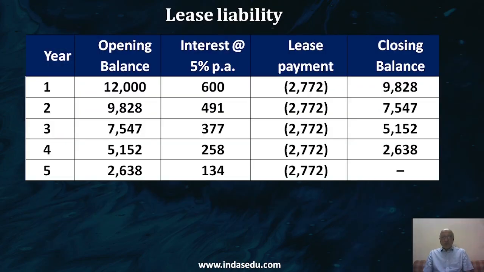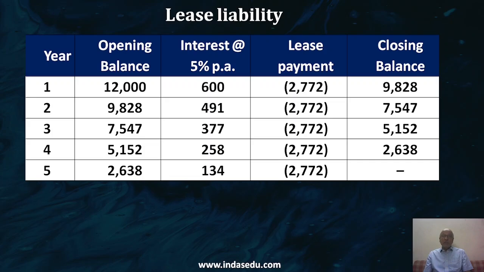Next, lease liability, opening balance ascertained, that is 12,000 rupees. Now, lease liability is increased by the interest charge, that is the time value of money. You see first year, 5% interest charge on the opening balance, 12,000 rupees, and it is reduced by the lease payment made, 2772.